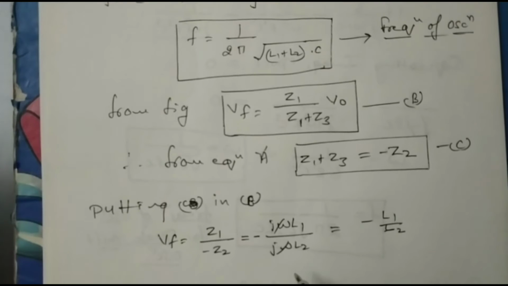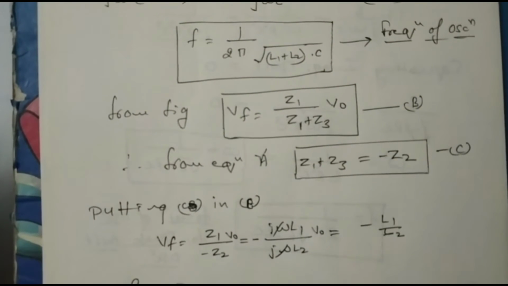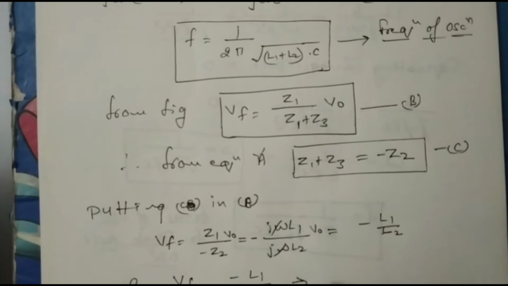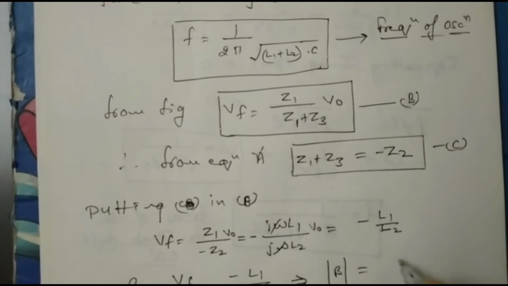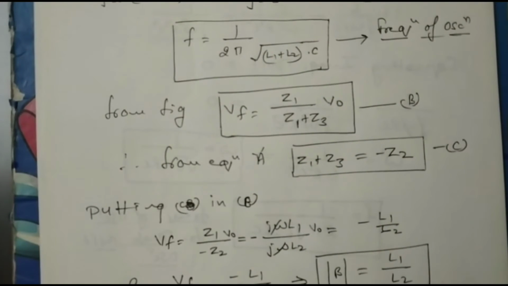So beta equals Vf upon V0 equals minus of L1 upon L2. That gives the mod of beta equal to L1 upon L2. This will be the feedback factor beta.